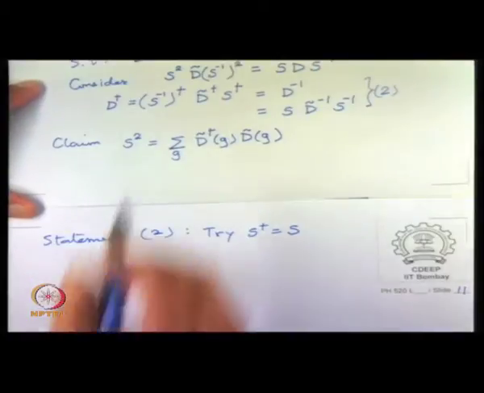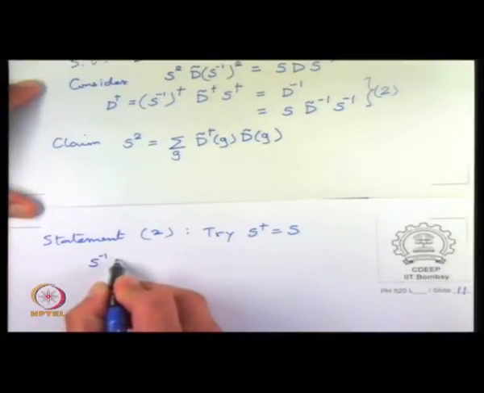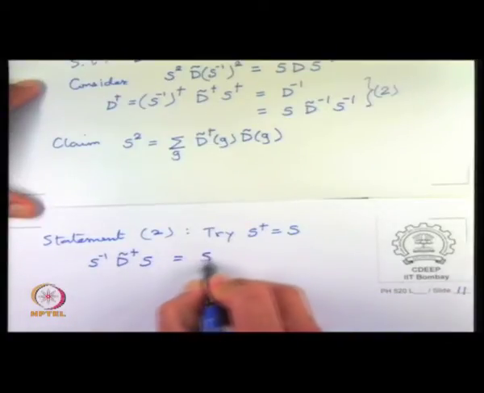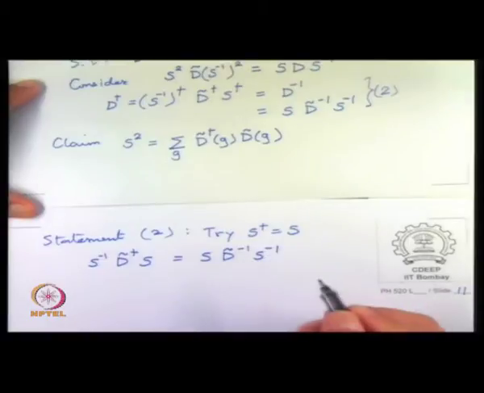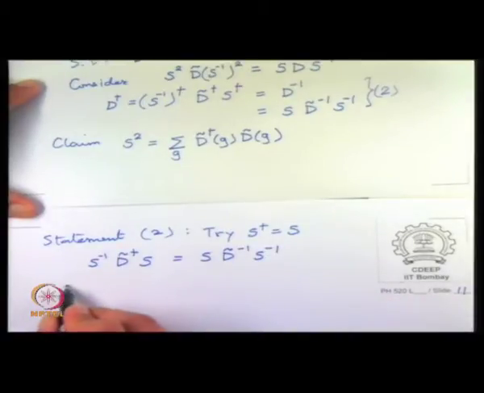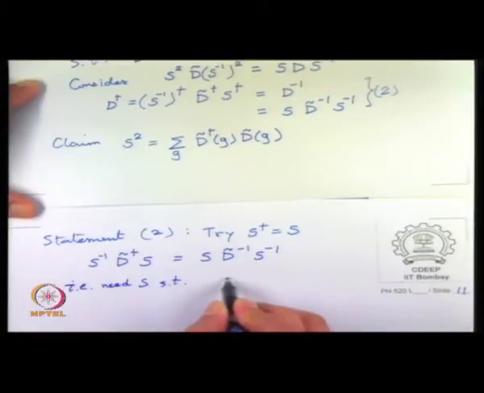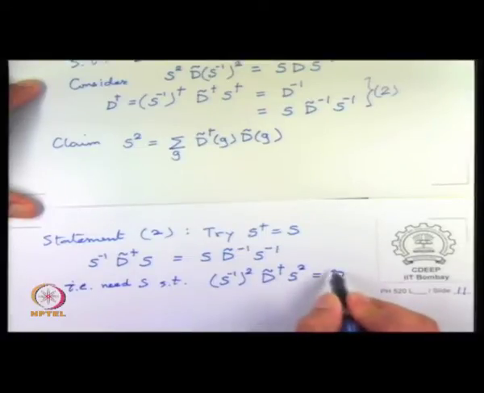Okay. Then the statement 2 is of the form S inverse D tilde dagger S equal to S D tilde inverse S inverse, and therefore it is equivalent to, i.e. need S such that S inverse squared D tilde dagger S squared is equal to D tilde inverse.